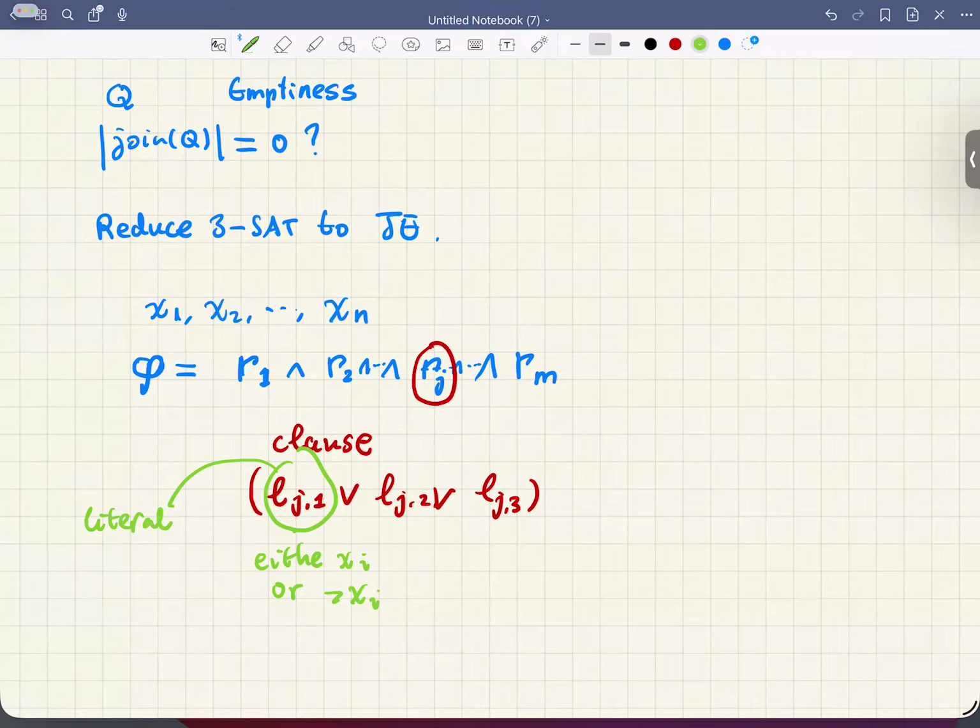I'm going to use the following terms. Pay attention. This phi will be referred to as a formula, the input formula. A formula is the conjunction of a lot of clauses, and every clause is the disjunction of 3 literals. And what is a literal? A literal is simply a variable or its negation.